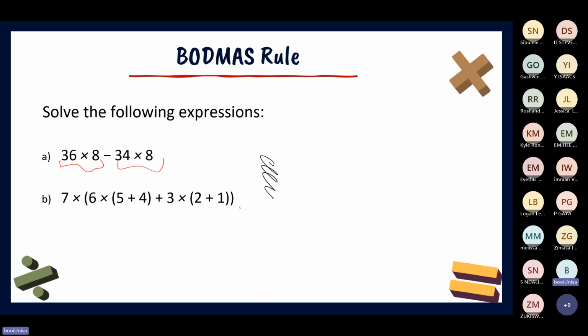So 36 times 8 is 288, minus 34 times 8, which is 272. And 288 minus 272 equals 16. So we are all happy.